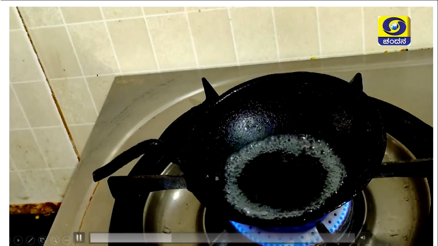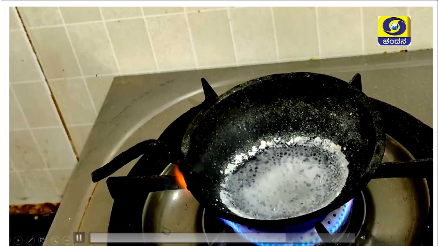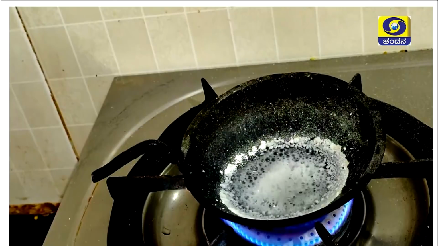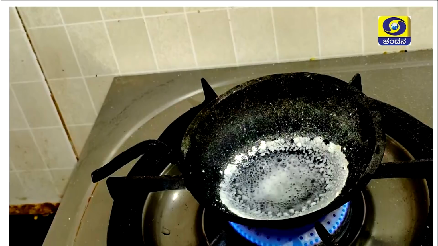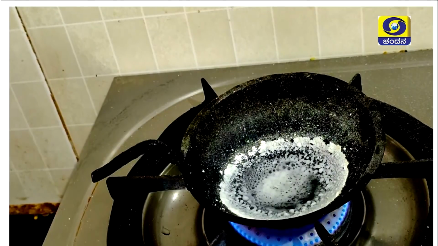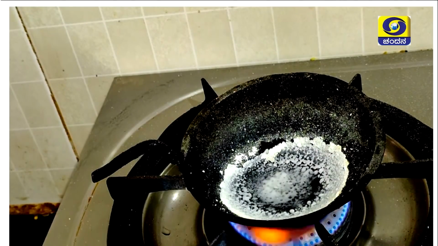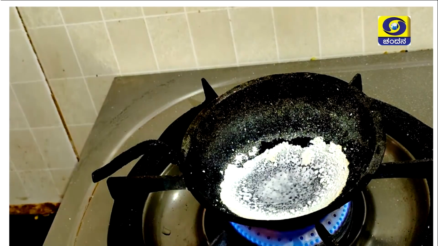Observe, the mixture started to boil. Now you are observing what? This is the salt. Now we evaporated the water, now salt is left behind. Thus we can separate salt and water from the salt solution. So this is familiar method for you. The same method is used to separate salt from ocean water. I hope you understood this one.